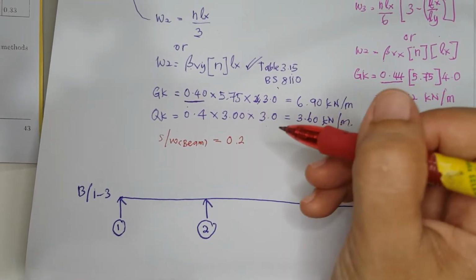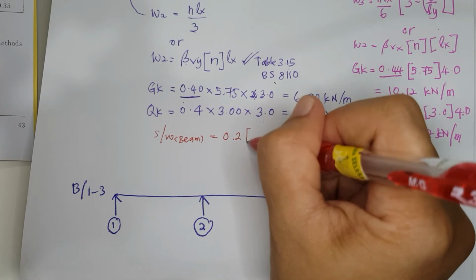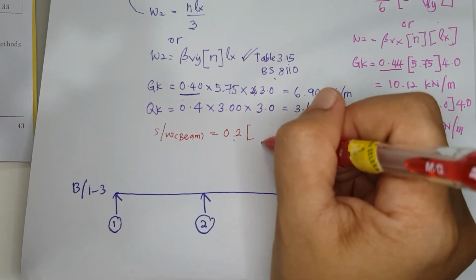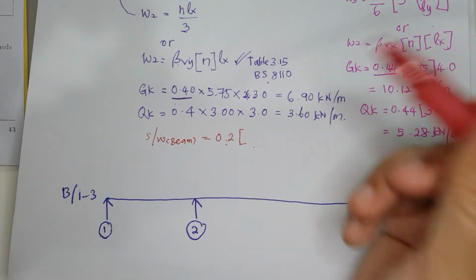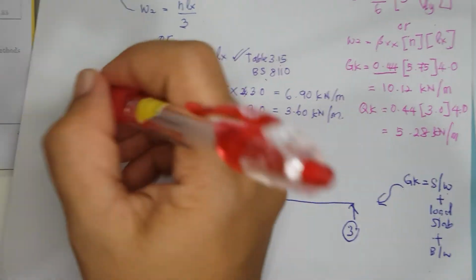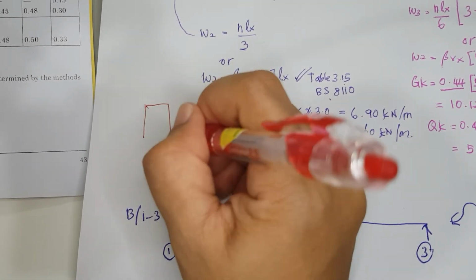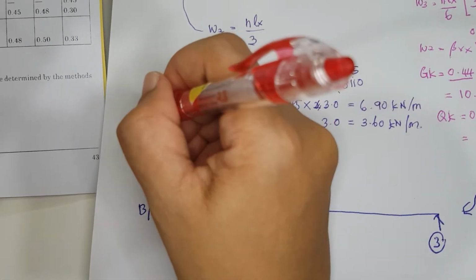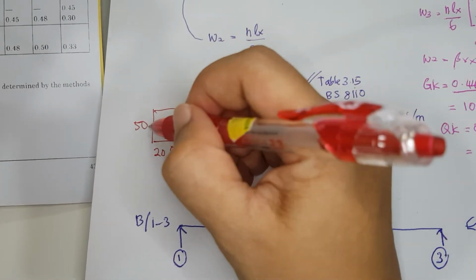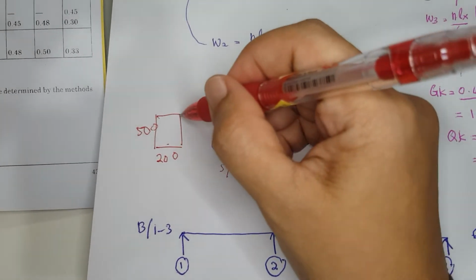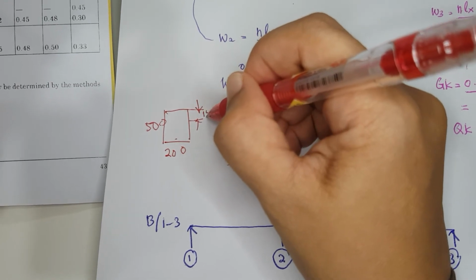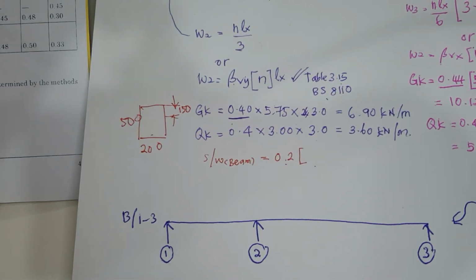Self-weight for beam is the area, B multiply with H. Please take note that this is the H. This here is 200, here is 500. And also we have slab thickness, which is 150.